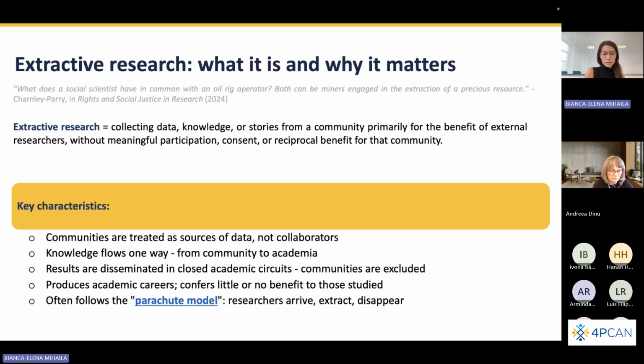And there is this idea of a parachute model of research, where researchers drop in from outside, gather the data, and disappear with no longer-term change resulting in the community.